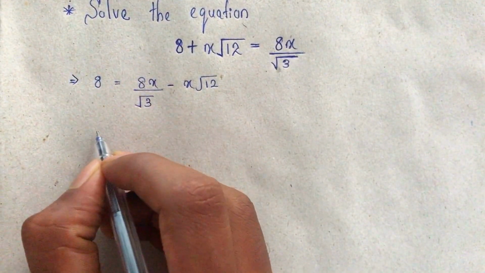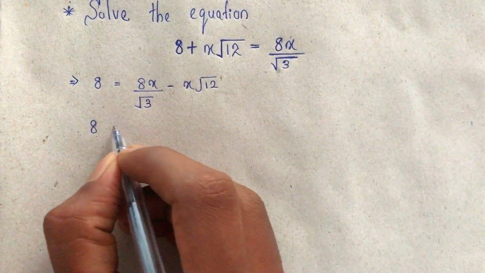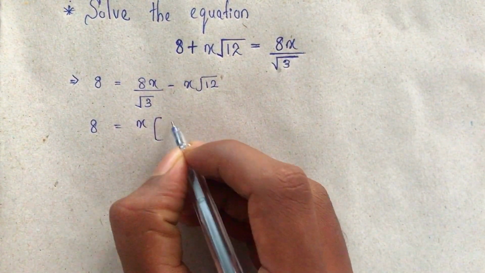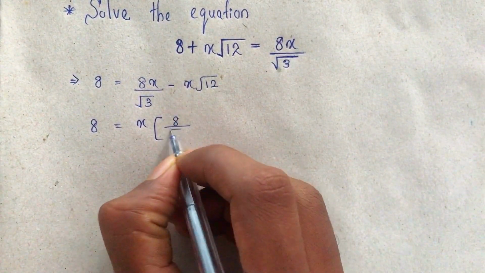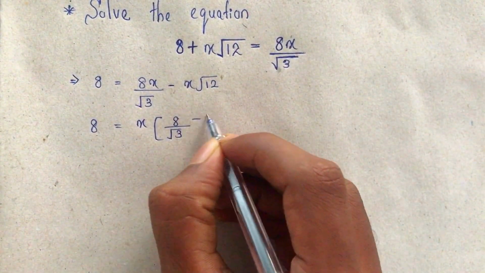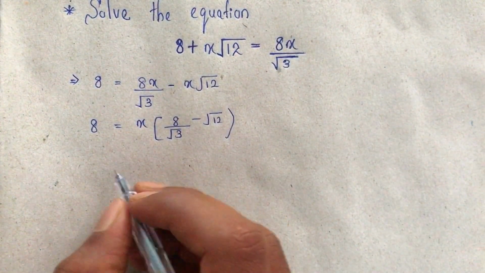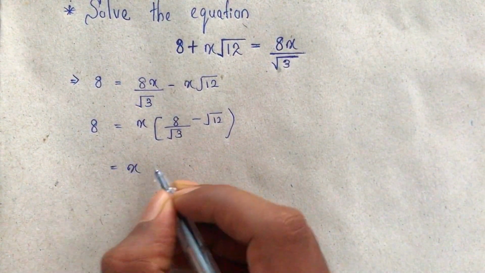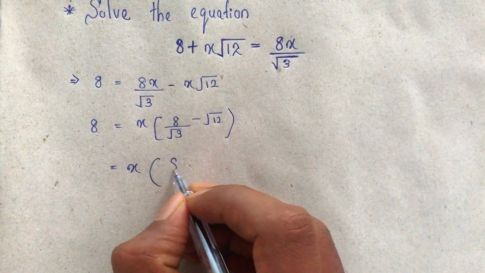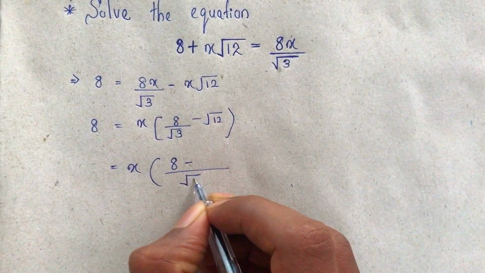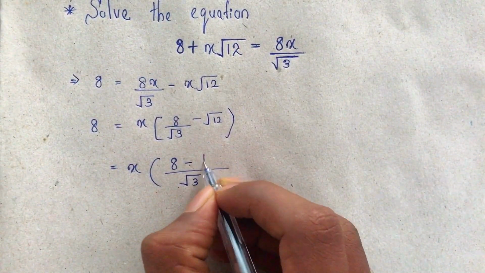Then you can take x outside the bracket: 8 over square root 3 minus square root 12. Then you need to simplify the bracket. Within the bracket, make the denominator square root 3. Then you have to multiply square root 12 and square root 3.